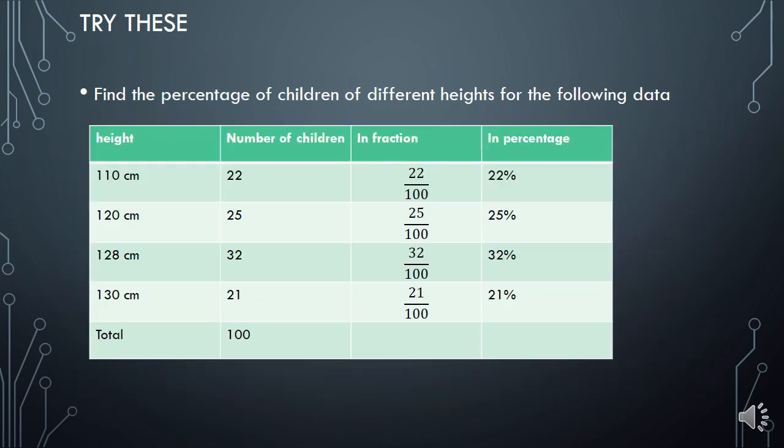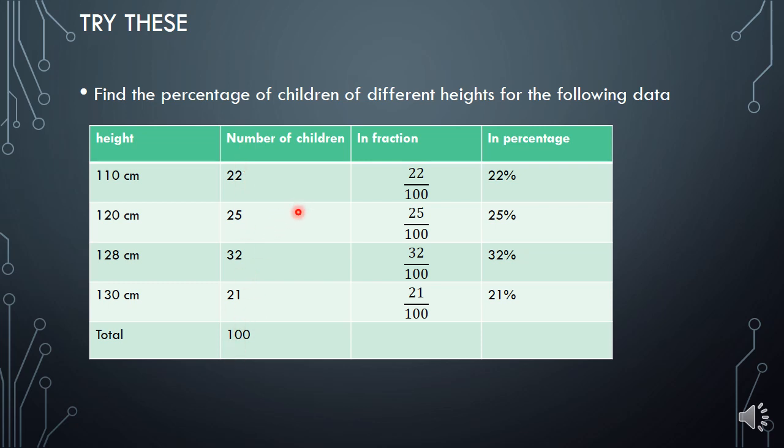Now let us solve some try these questions. Find the percent of children of different heights for the following data. Here heights of different students are given. They are 110 centimeter, 120 centimeter, 128 centimeter, 130 centimeter. And here the number of students: 22, 25, 32, 21, and the total number of students is 100.